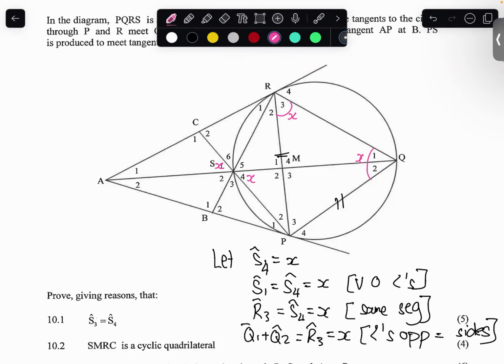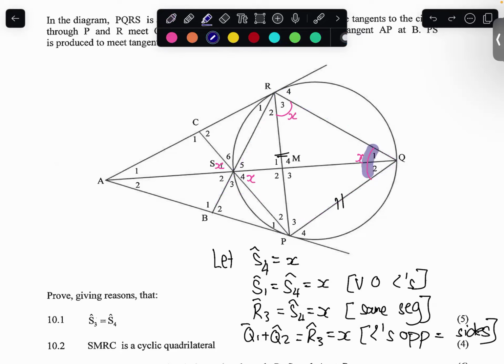I'm not doing that. We're going cyclic quad.